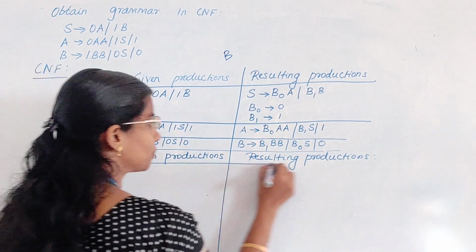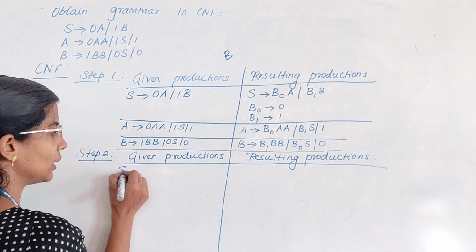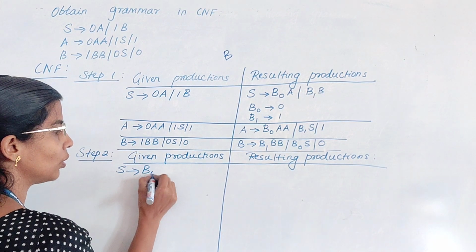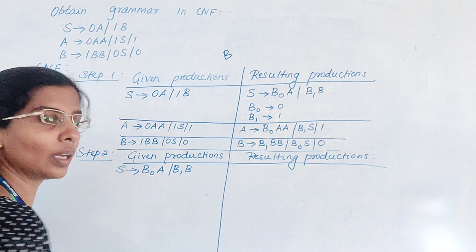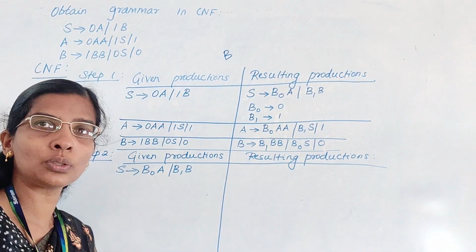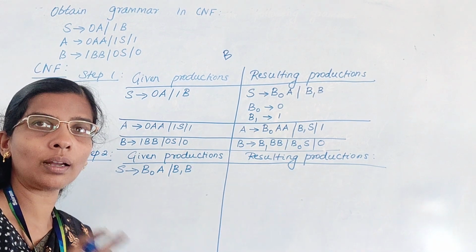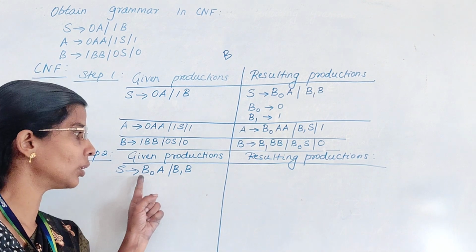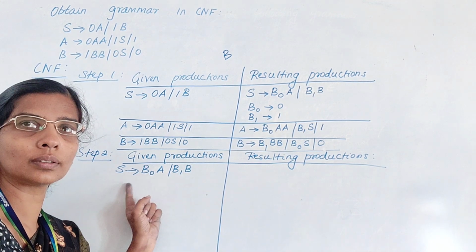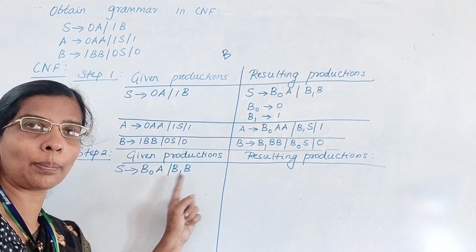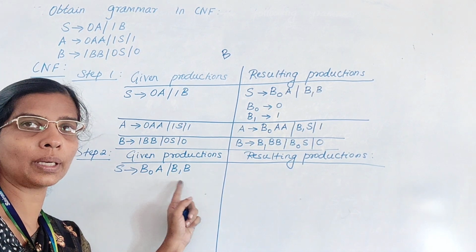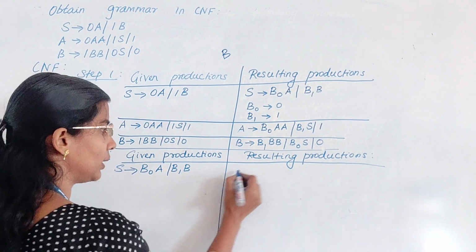Right? Take the first production. S tends to B naught A B1 B. CNF form is 2 non-terminals or a single terminal. 2 non-terminals, both are capital letters. It is in CNF form. What about this? 2 capital letters, 2 non-terminals. It is in CNF form. So write as it is.